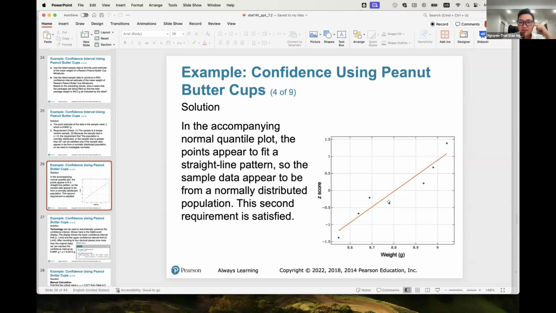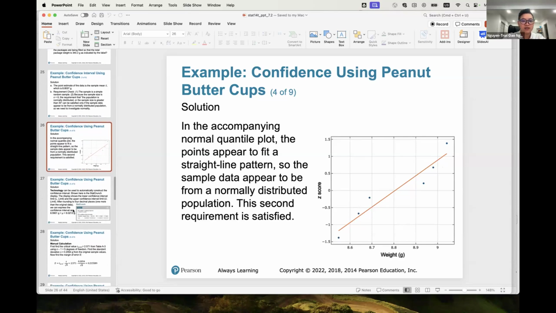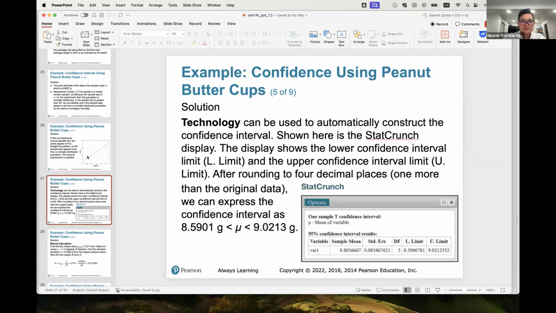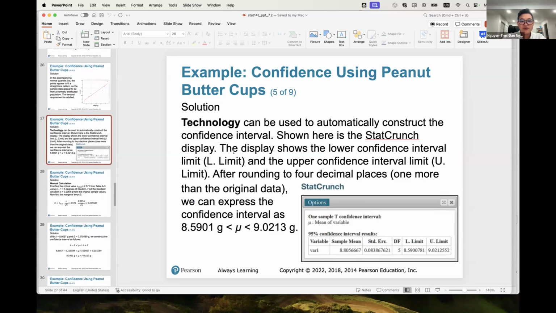In the previous example, we also did this one. We put all the data here, and then we see if it forms a straight line pattern or not. If yes, then it forms a normally distributed population. Now let's move to the next step.